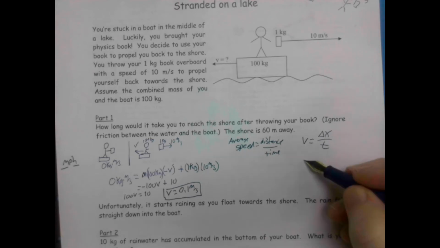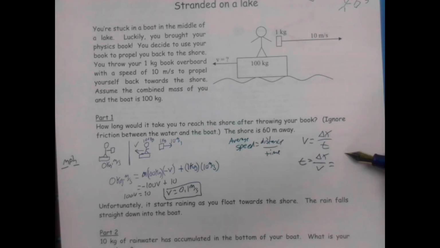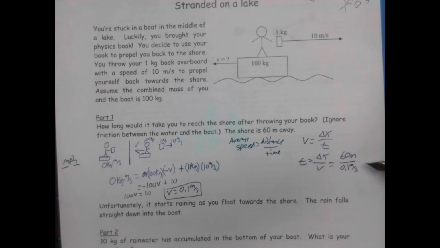So time is equal to your distance over your velocity. So that'd be 60 meters over 0.4 meters per second. And that's equal to 600 seconds, or 10 minutes.